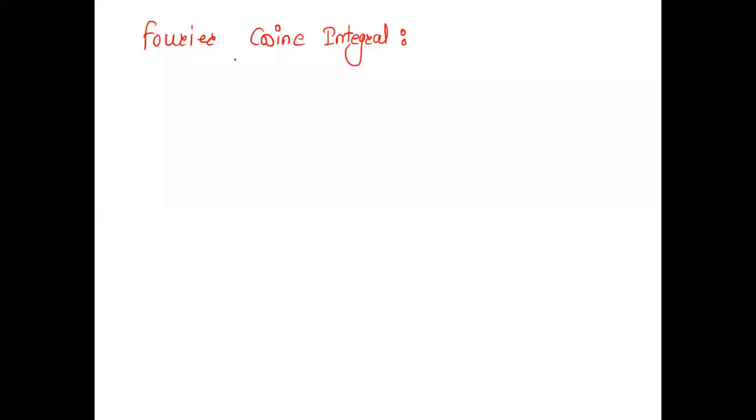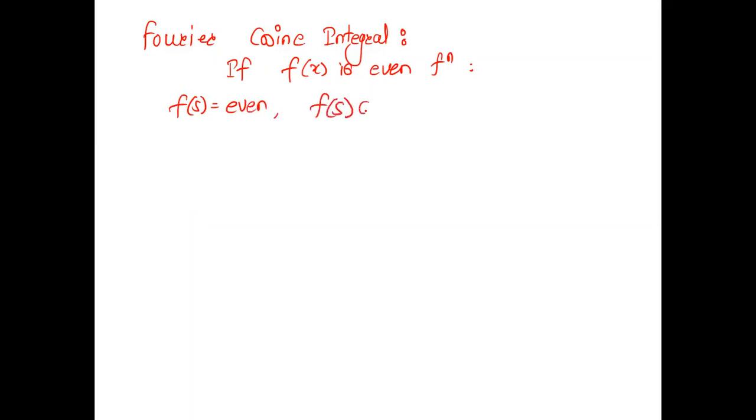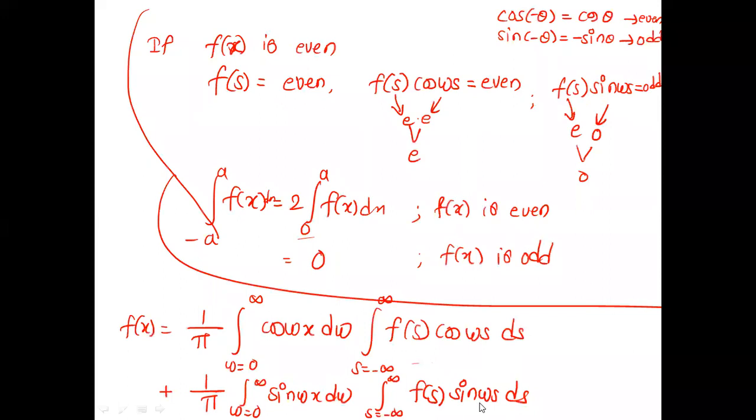So let me define it: if f of x is an even function, the thing which I defined last, then f of s is even, right? F of s into cos omega s is also even into even. And f of s into sine omega s is what? Odd. And I told you this is odd, so integration minus a to a of odd is 0. So this whole part is 0.